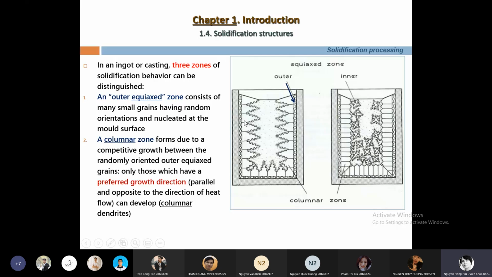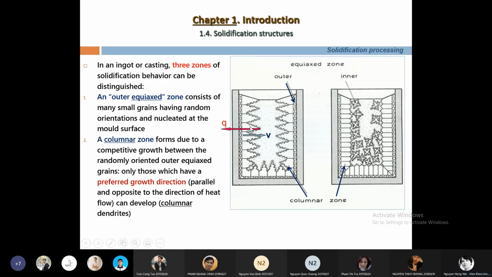So they can develop into the columnar zone, columnar dendrite. The heat flows from the center to the environment, and only the crystals which have the preferred growth direction, anti-parallel to the heat flow direction, parallel but opposite, can develop and grow.